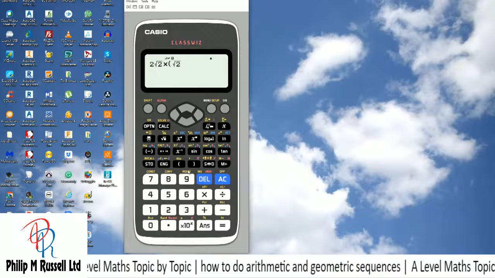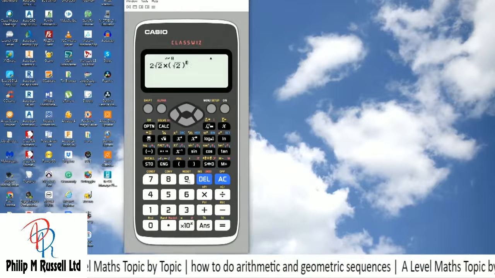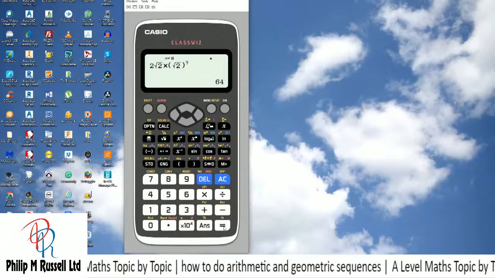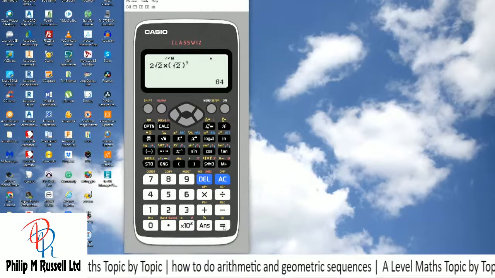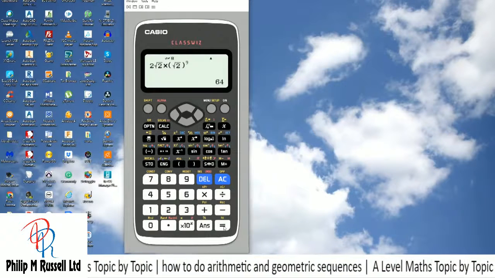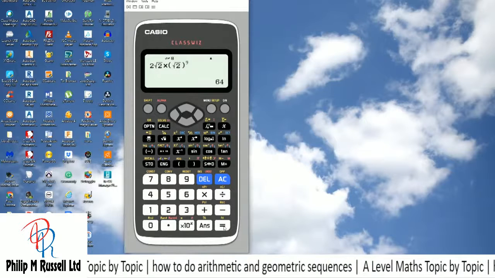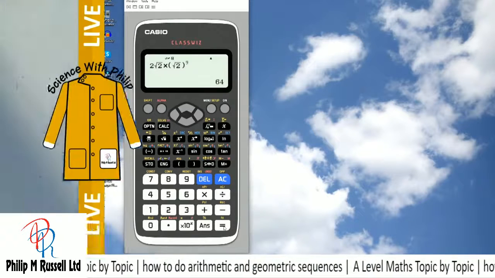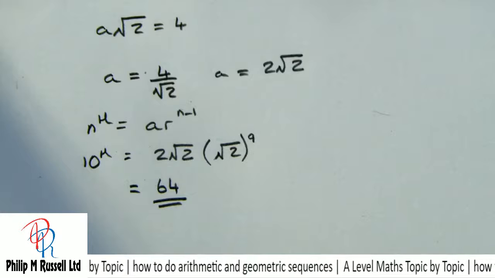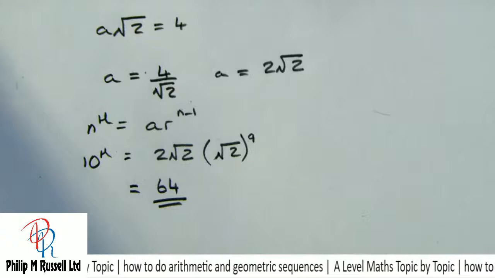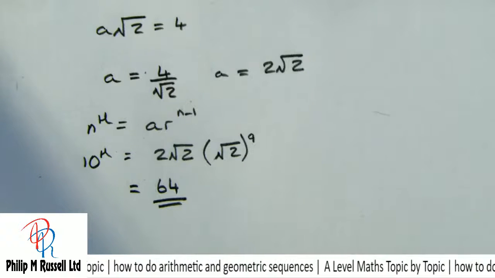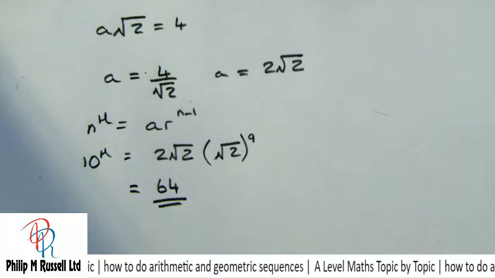Root 2 to the power of 9. And it gives me 64. So, worked out quite nicely, that one.